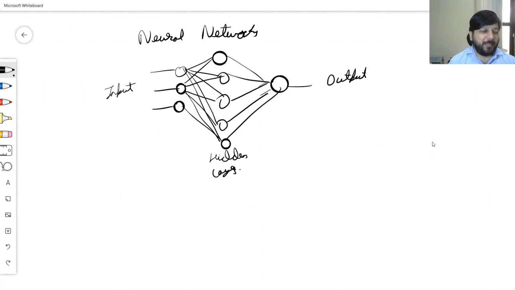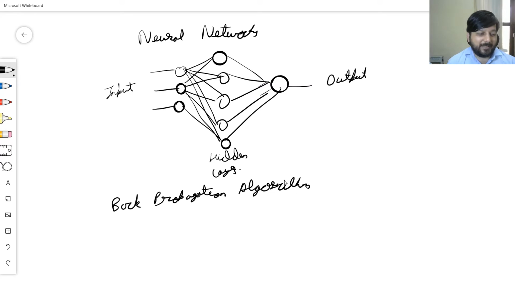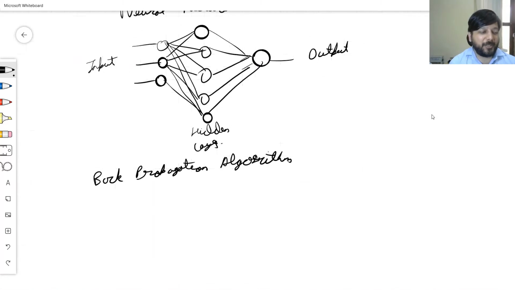Now I need to train the neural network. Traditionally I use the backpropagation algorithm. What the algorithm does is that it takes the gradient of the output with respect to the inputs, and the weight vector is displaced in the same direction. What does it mean?